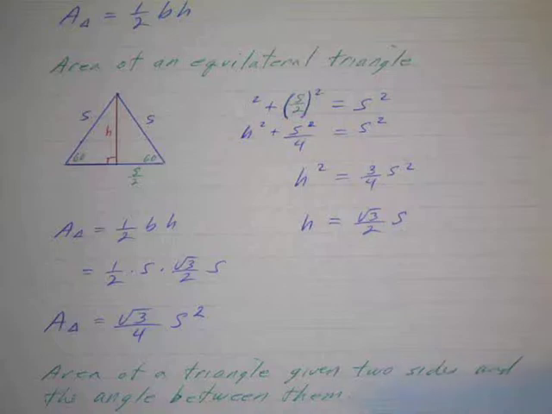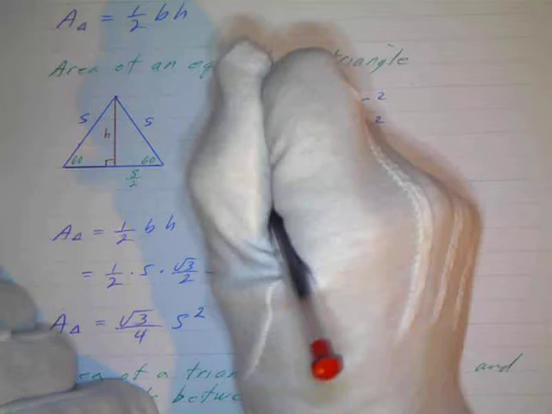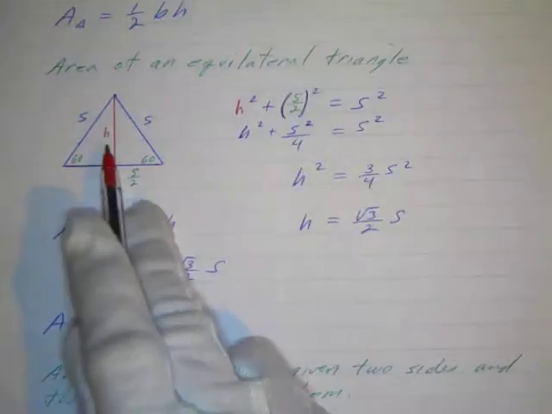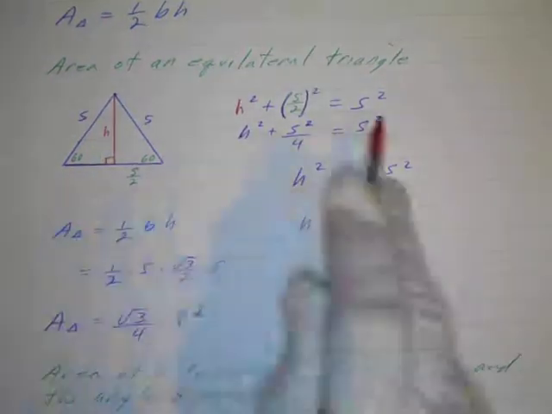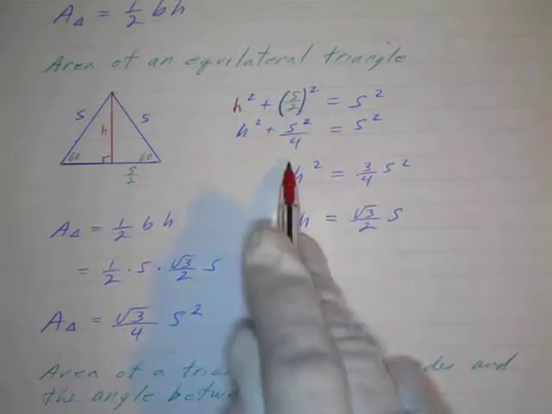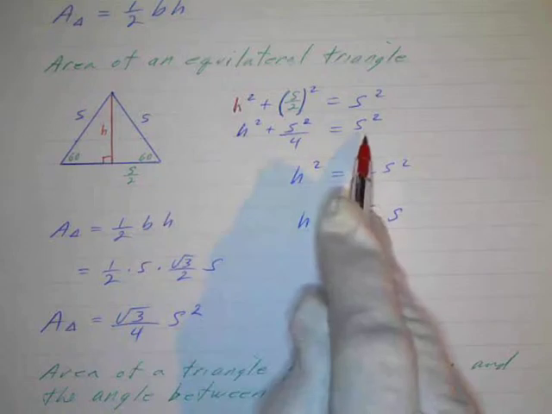I think I meant to color code these, so I call this h here. So we know that h squared plus (s over 2) squared equals s squared from the Pythagorean theorem, and we can solve for h. So this is s squared over 4 plus h squared equals s squared.